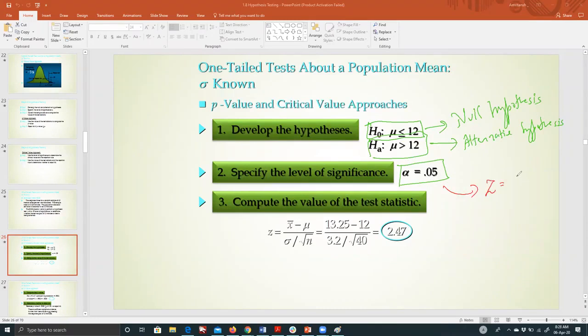As I just said, it's a simple idea. Whatever you have calculated, let's say the sample mean is 13.25, with mu naught, that is 12. 3.2 is the standard deviation that has been given, and root 40 because 40 is the sample size. If you do this calculation, you should get 2.47. Is everyone getting the same answer?